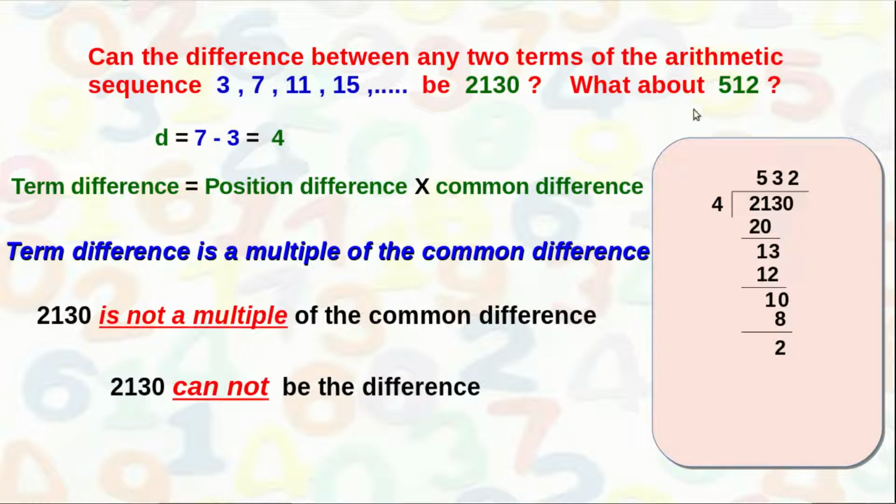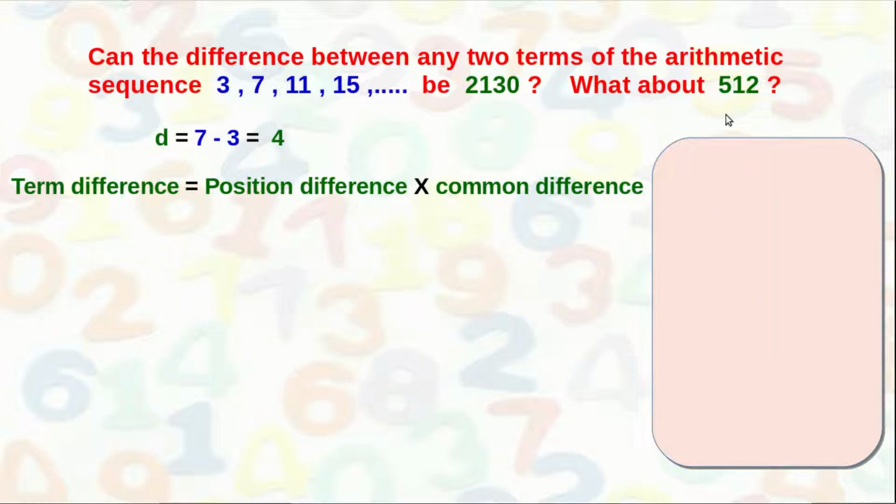Next, we have to check whether 512 can be the difference. For that, we have to divide 512 by the common difference 4.